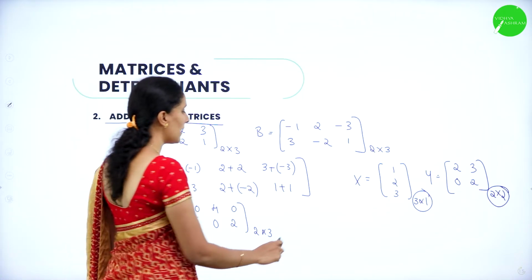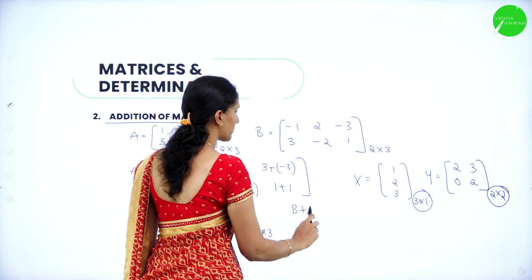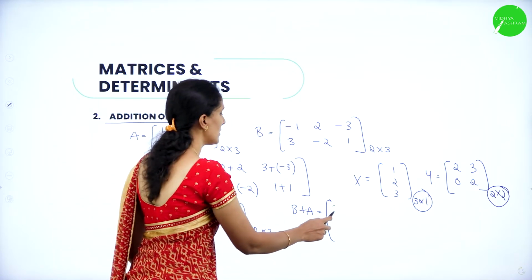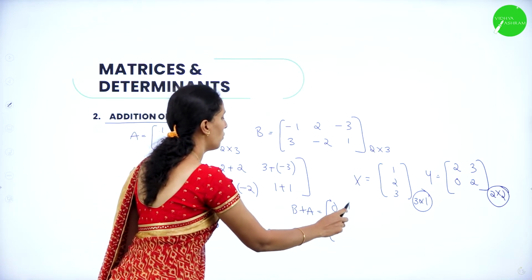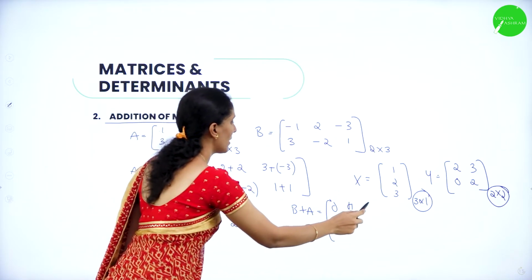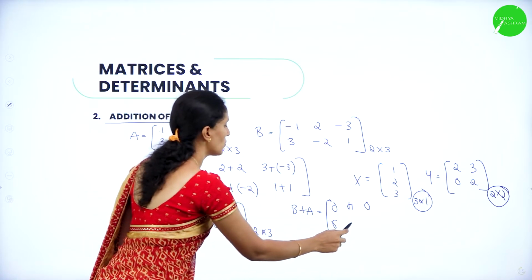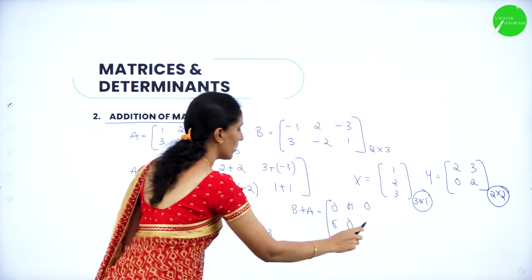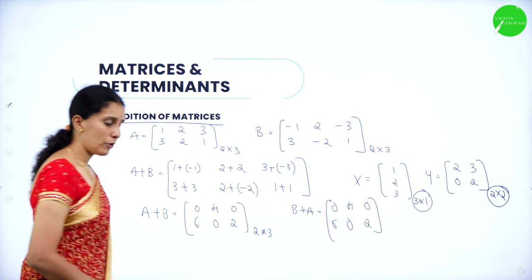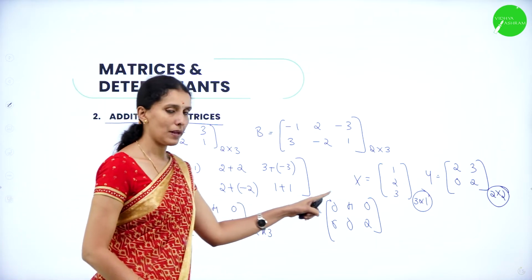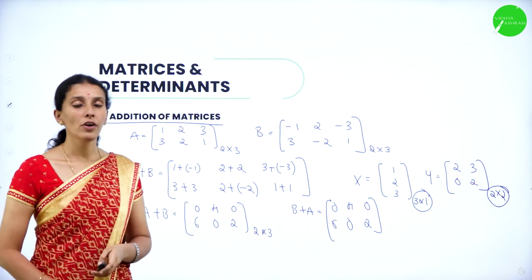If you take B plus A here, it is again minus 1 plus 1, 0, 2 plus 2, 4, minus 3 plus 3 becomes 0, 3 plus 3 becomes 6, minus 2 plus 2, 0, 1 plus 1 becomes 2. Clearly you can see A plus B will be the same as B plus A, and their order is also the same.